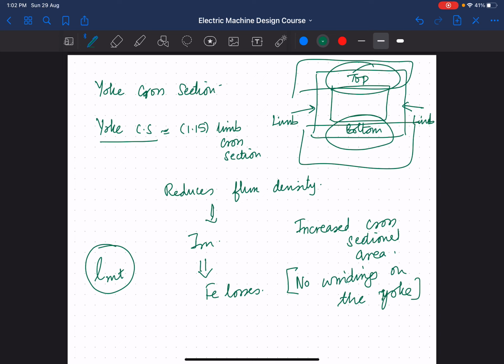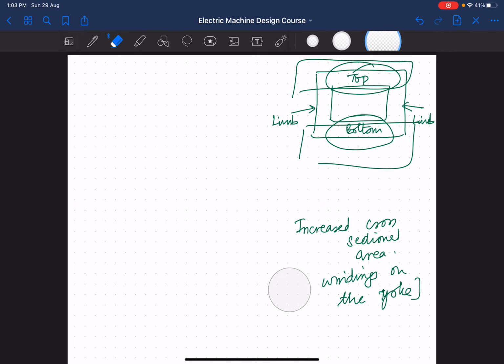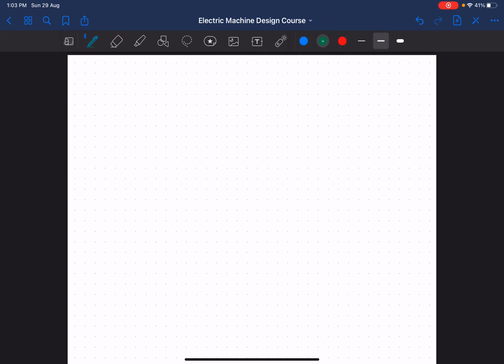But what happens because of this difference in the cross-sectional area? There is this phenomenon which is known as cross-fluxing.